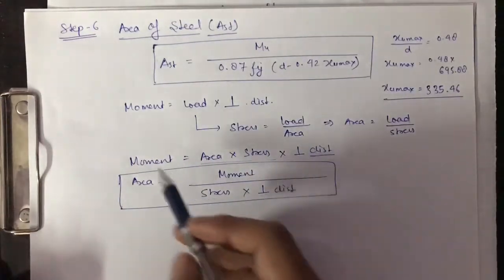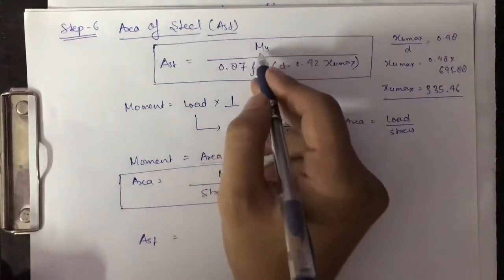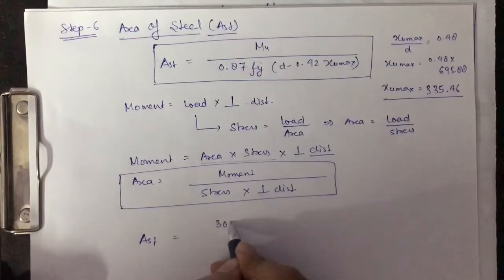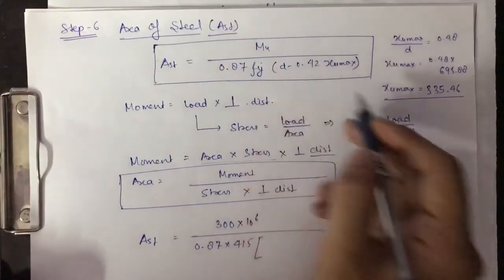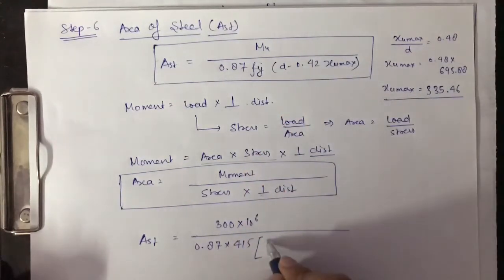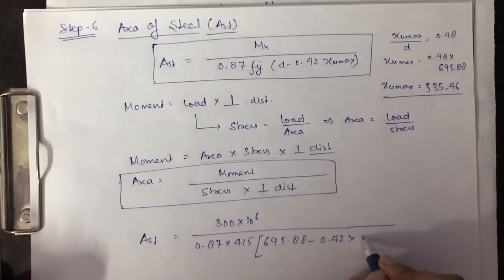Okay, so let's find out the area of steel, which is Ast is equal to, we have the moment, which is 300 into 10 to the power 6, upon 0.87 fy, we have 415, and we have the value of d minus 0.42 into the value of Xu max, it is 335.46, 695.88 minus 0.42 into 335.46.